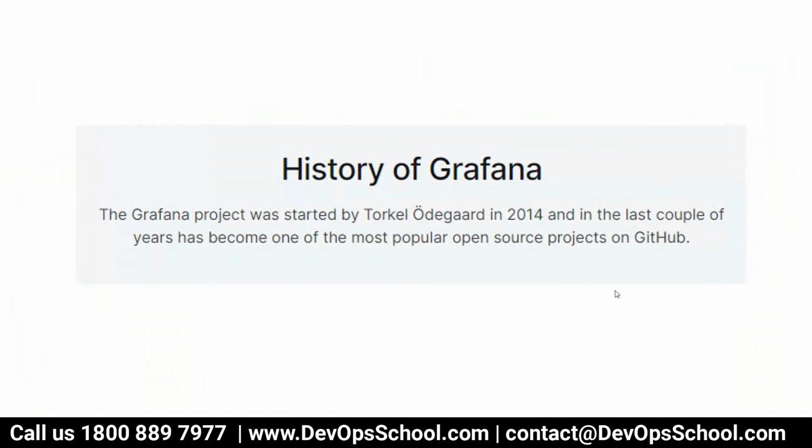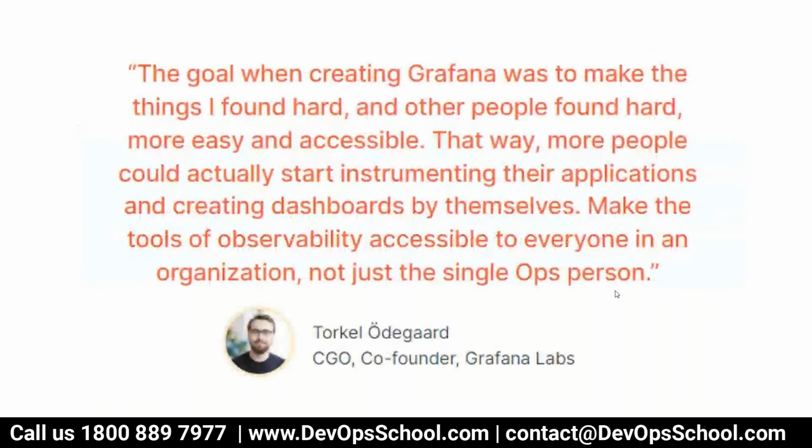So what is the history of Grafana? This was started by Torkel in 2014, and now it's one of the most popular open source projects on GitHub. This is the message from Torkel, what he wanted to develop.